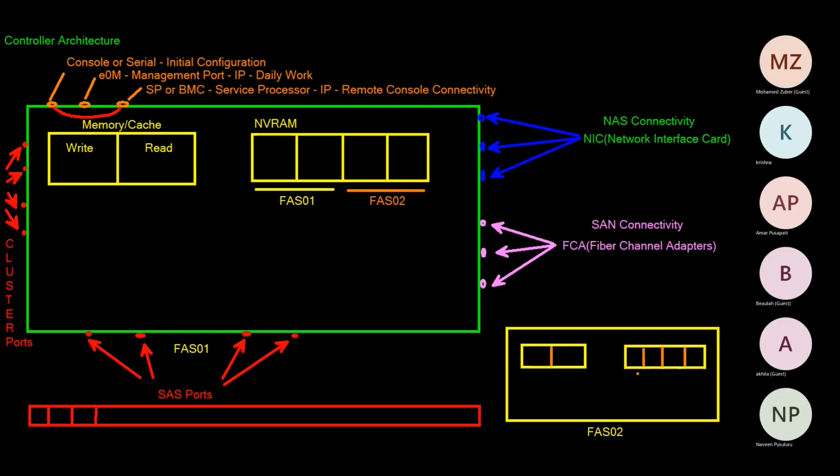Here also the first two parts belong to the local controller, Fast02, and the remaining two parts belong to the partner controller. For Fast02, the partner controller is Fast01. This is how it is.